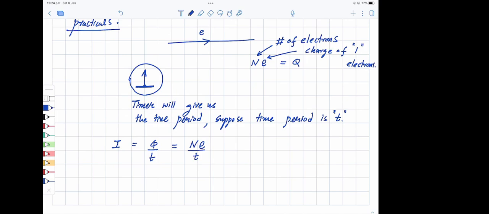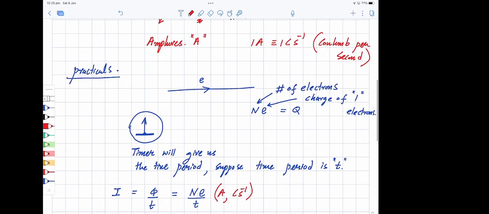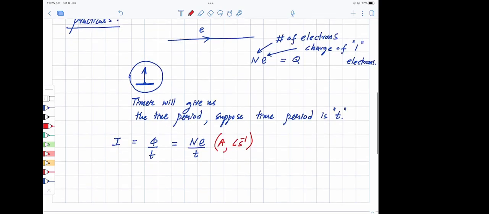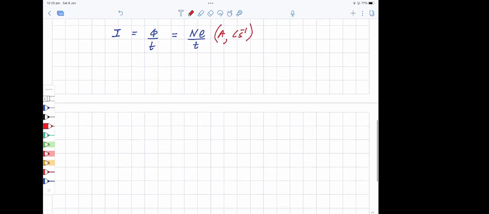You can say this number is in amperes, or in coulomb per second. Any questions?